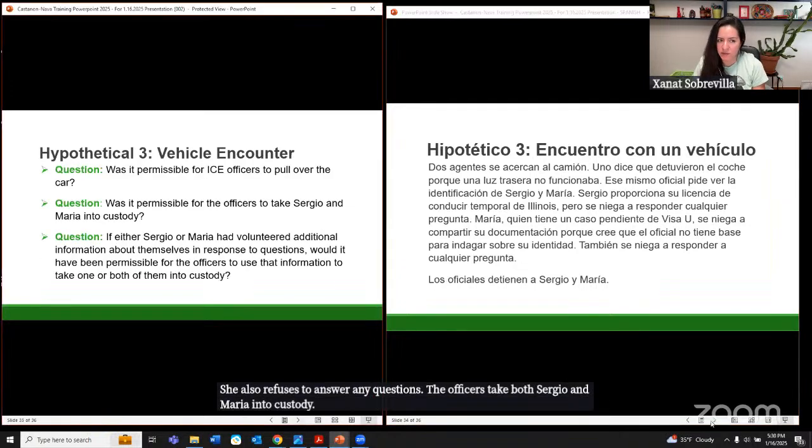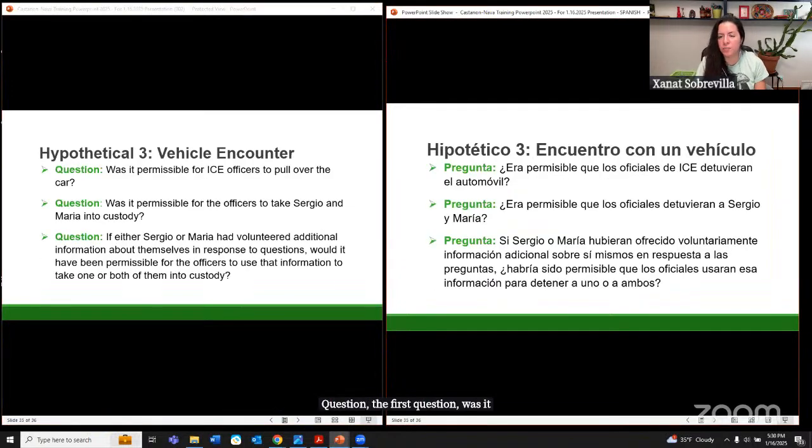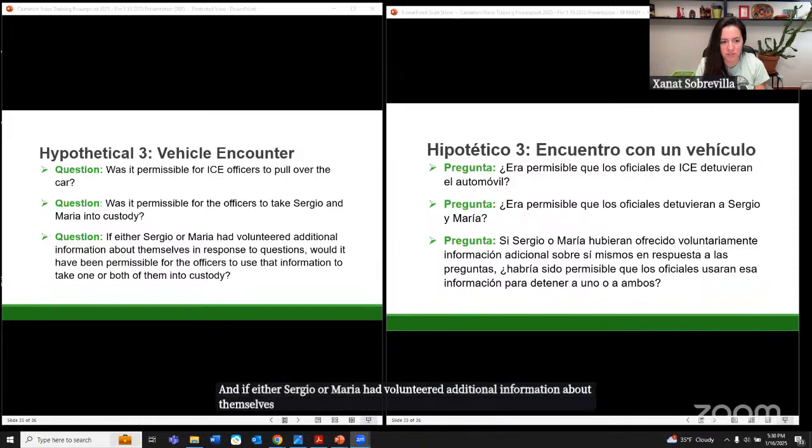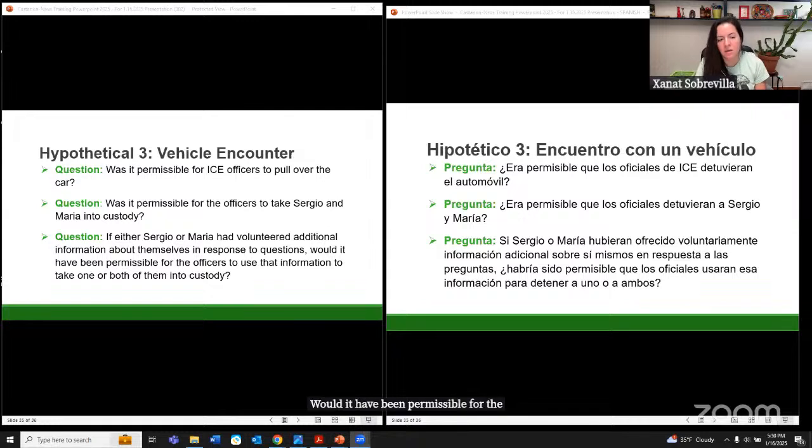The first question: was it permissible for ICE officers to pull over the car? Was it permissible for the officers to take Sergio and Maria into custody? And if either Sergio or Maria had volunteered additional information about themselves in response to questions, would it have been permissible for the officers to use that information to take one or both of them into custody?